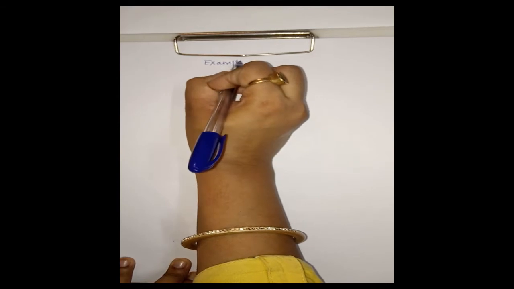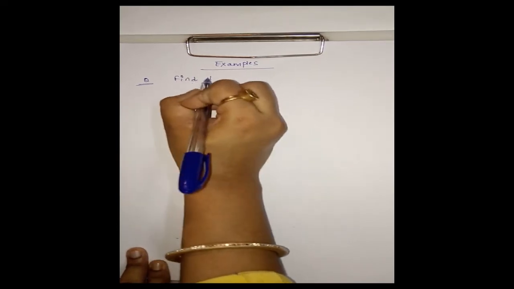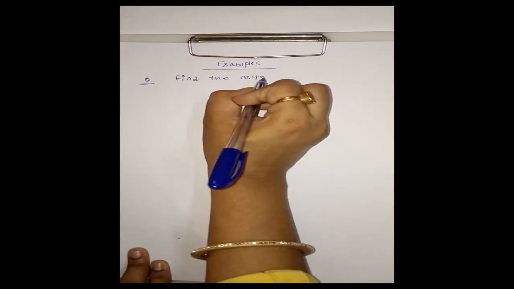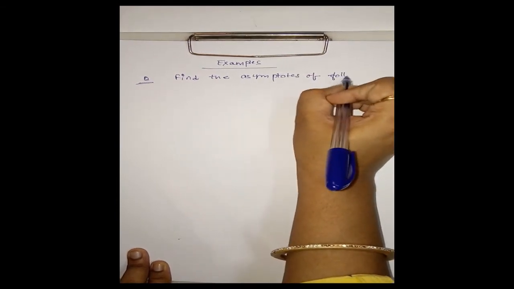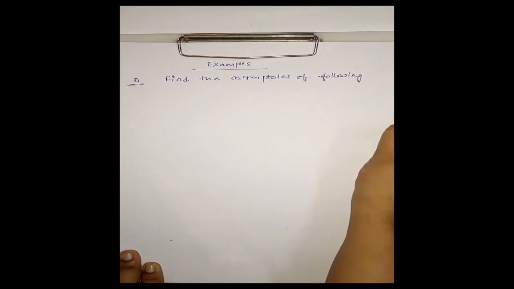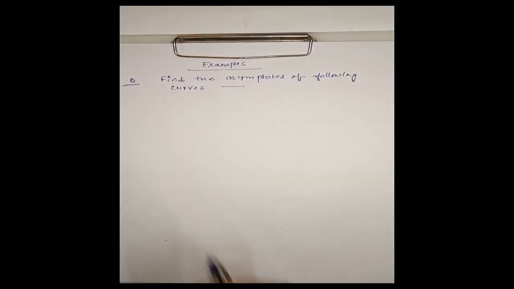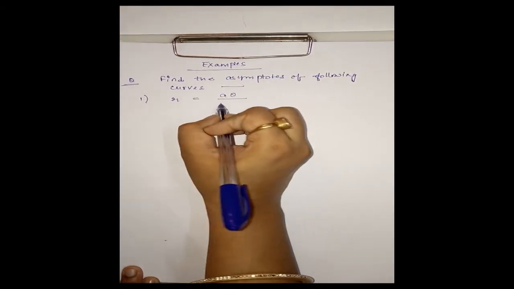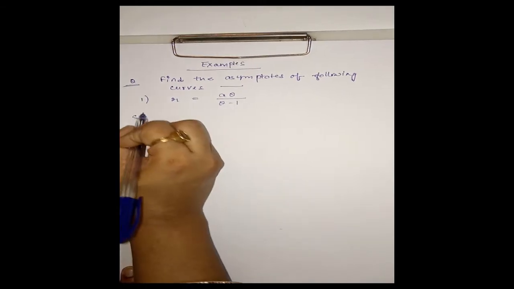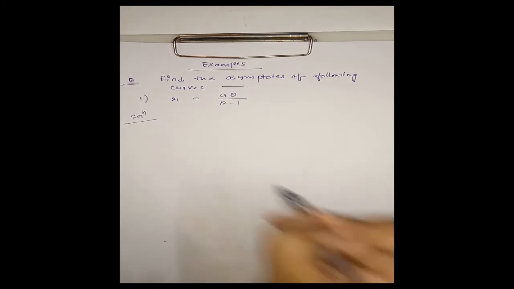Find the asymptotes of the following curves. The first curve given to us is r is equal to a theta upon theta minus 1. Let us find its asymptote.